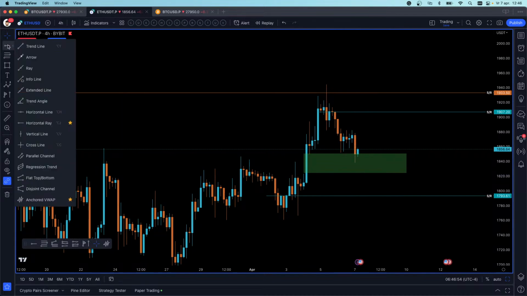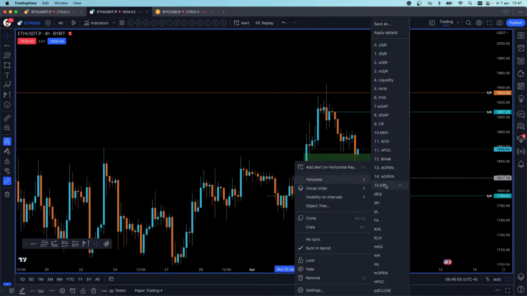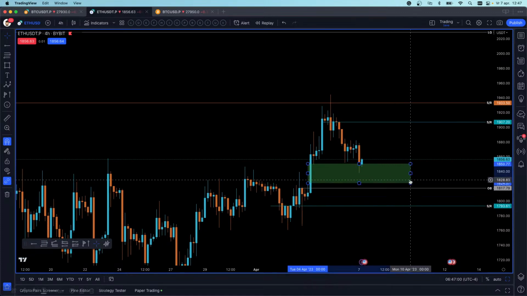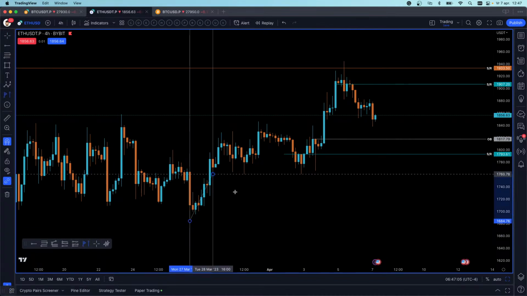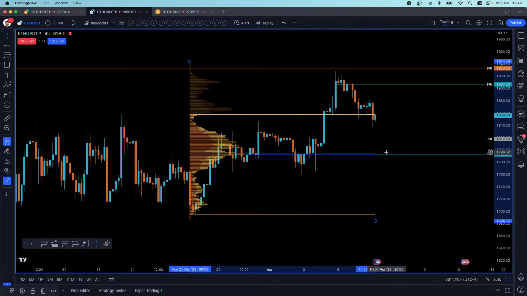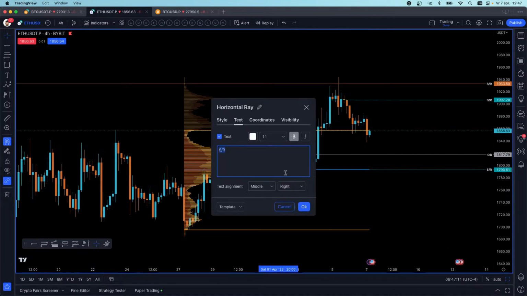And eventually this 4 hourly down close candle could be acting as support. So what else can you use? You can use the fixed range over here. Okay, and that's interesting. We have this daily level with a high volume node.